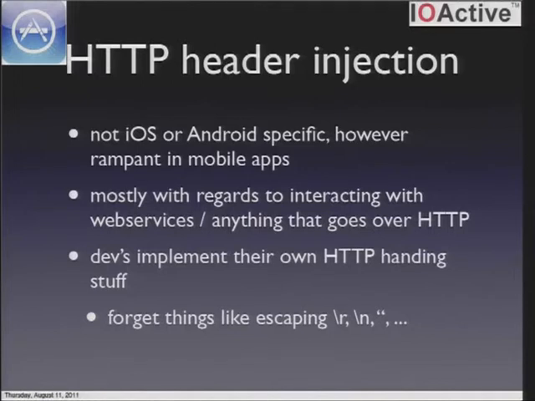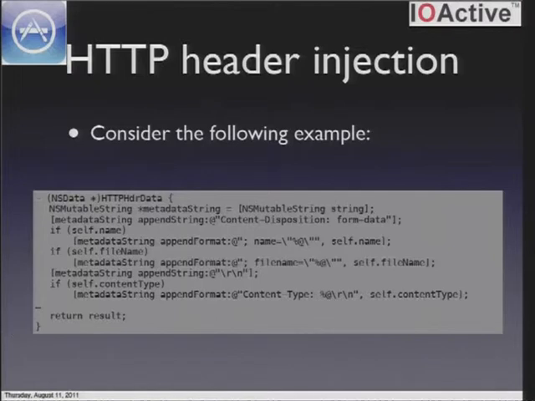HTTP header injection happens when potentially attacker-controlled data is put in an HTTP header value, and the next line isn't escaped. Incredibly common. This is a very trivial example where somebody's trying to upload a file, and if an attacker were to have control over this file name, then header injection would occur.